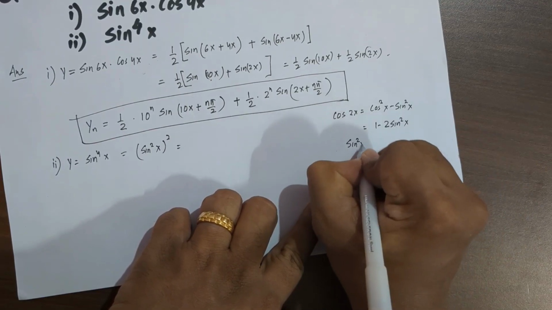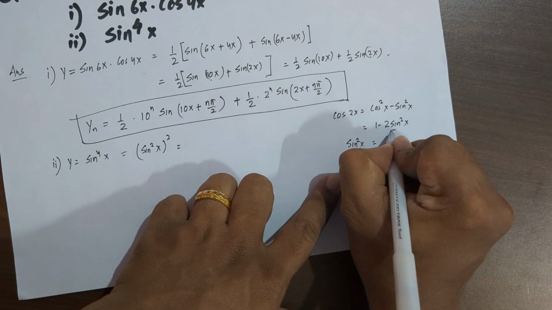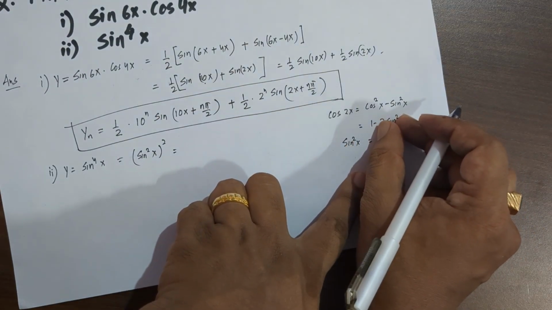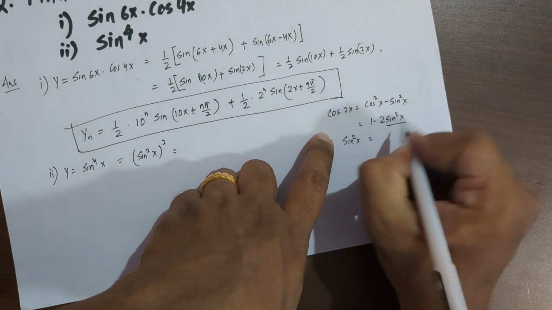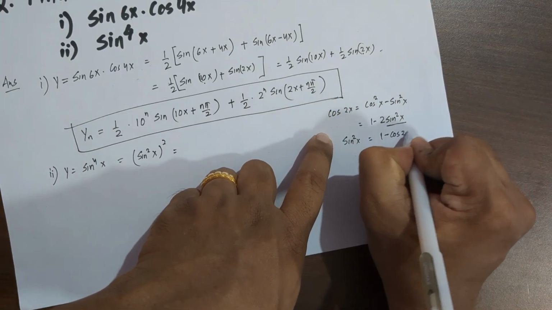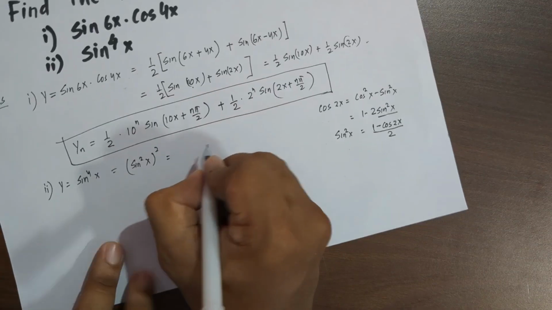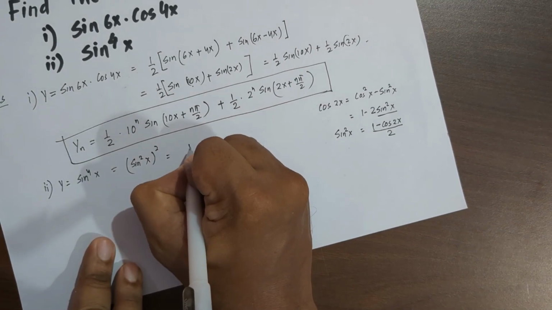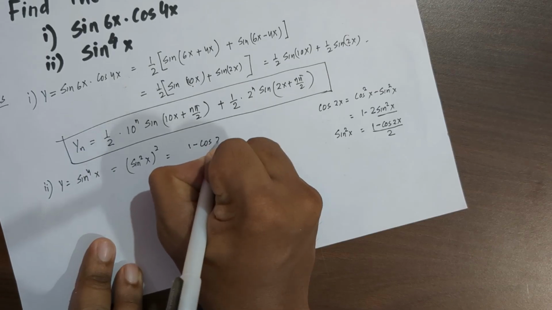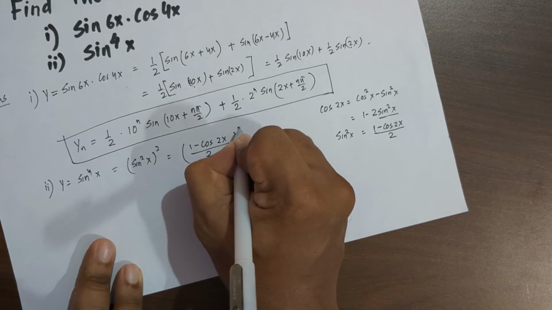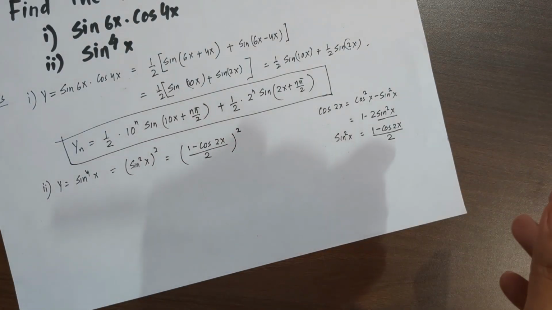So sine square x is, take 2 sine square x to this side, 1 minus cos 2x over 2. So this is 1 minus cos 2x over 2, whole square.